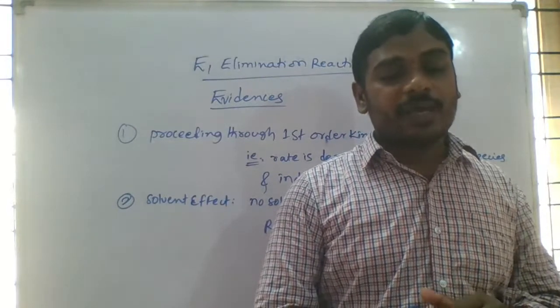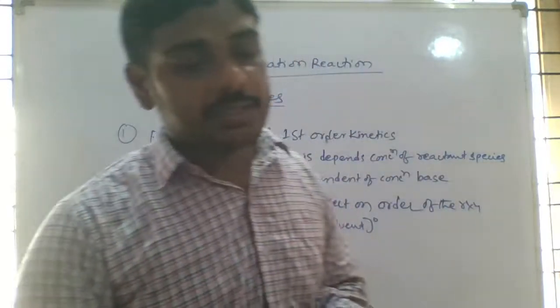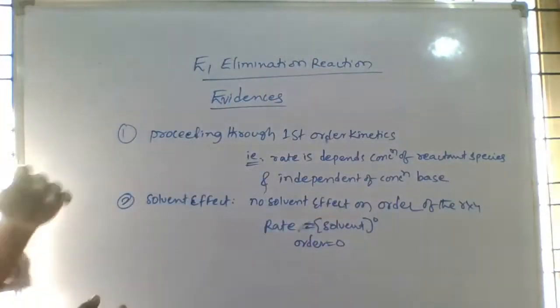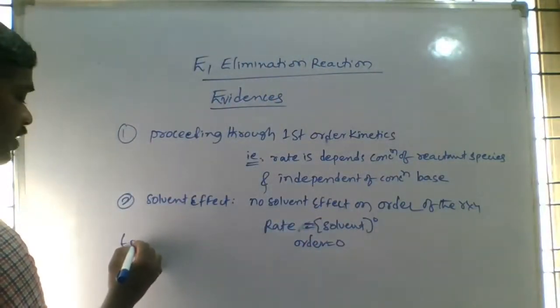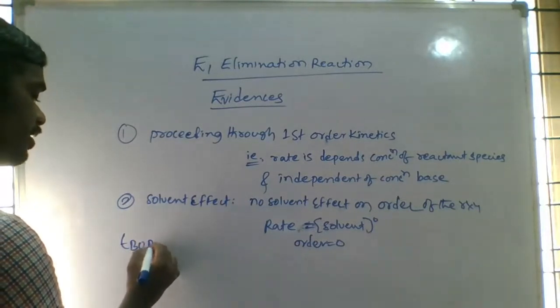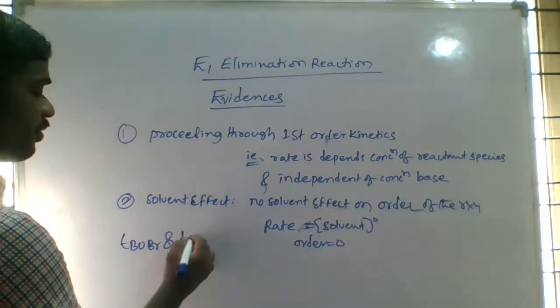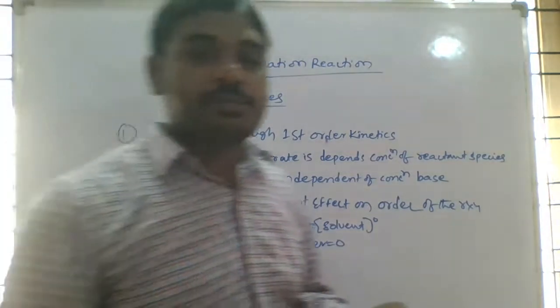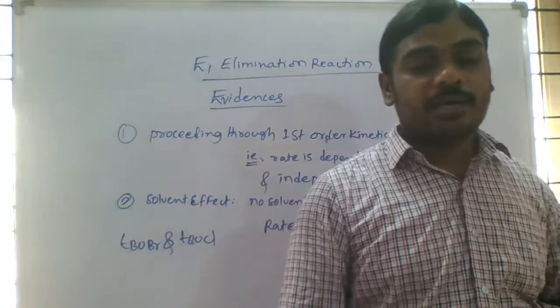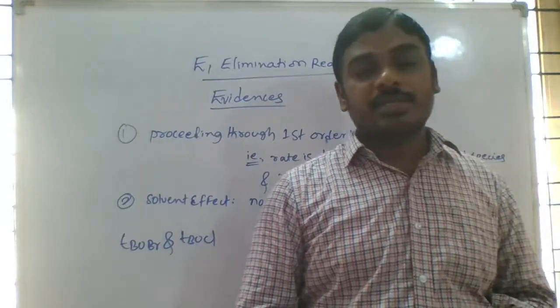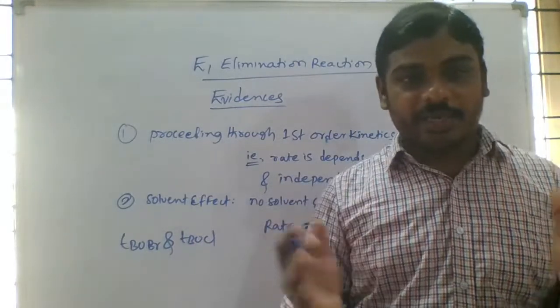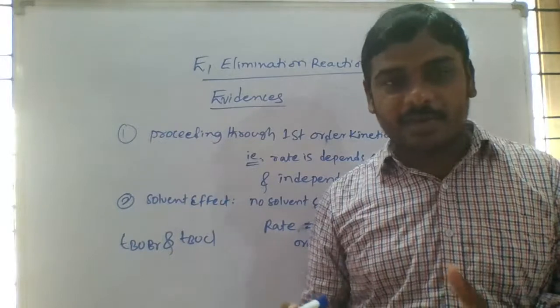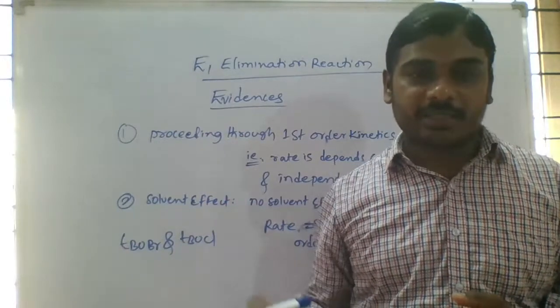For example, we take two different molecules: tertiary butyl bromide and tertiary butyl chloride. These two are taken in the reaction, and the solvent and the base are added to the reaction mixture.